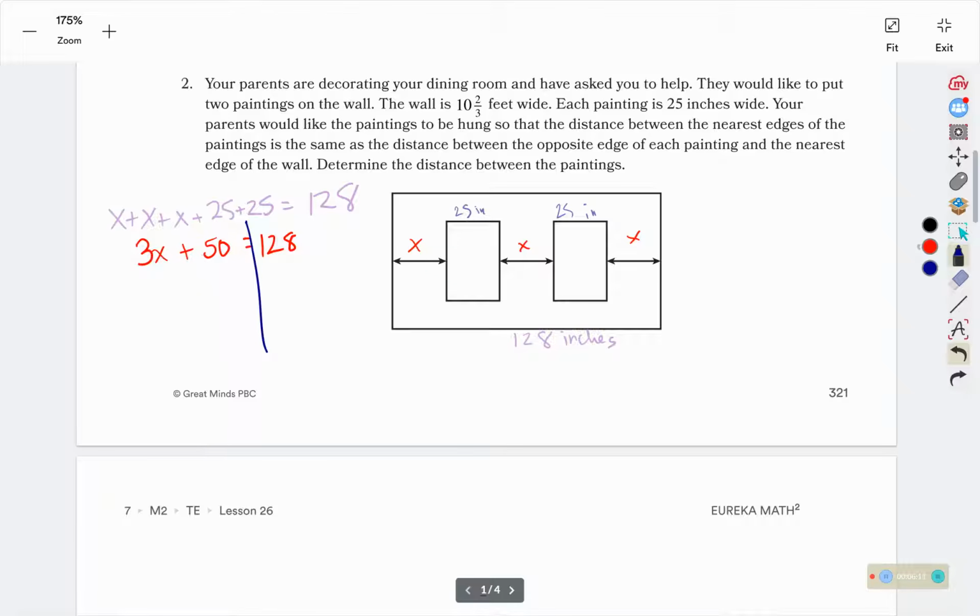Then the goal is to move all the number pieces together and all the variable pieces to the other side. So 3x remains over here on the left. And then if I subtract 50 from 128, I get 78. Then divide both sides by 3.